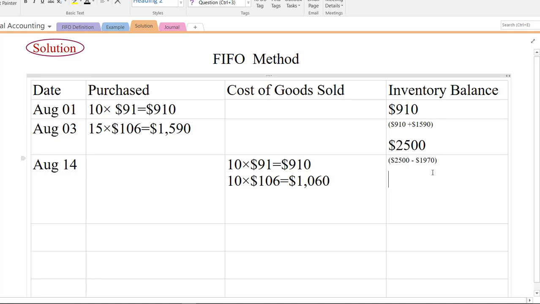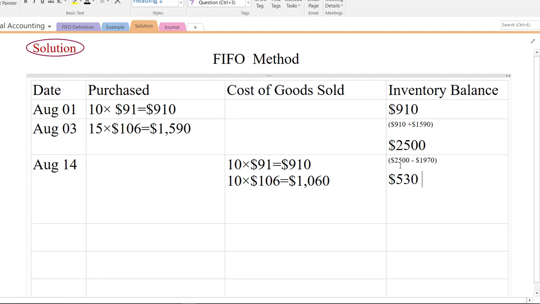I will write this here: 2,500 minus 1,970. Again, I'm requesting that you solve the question with me. 2,500 minus 1,970 is equal to 530 USD.